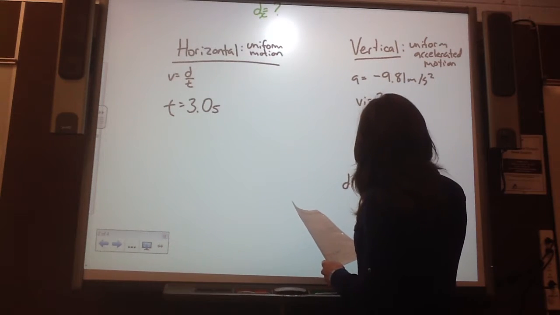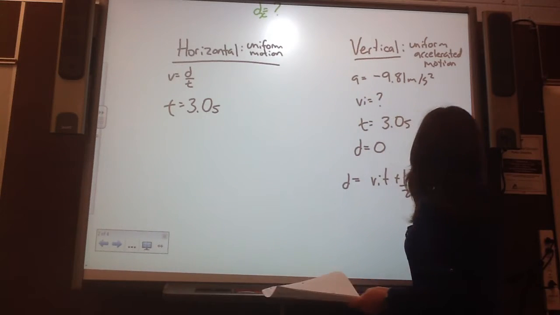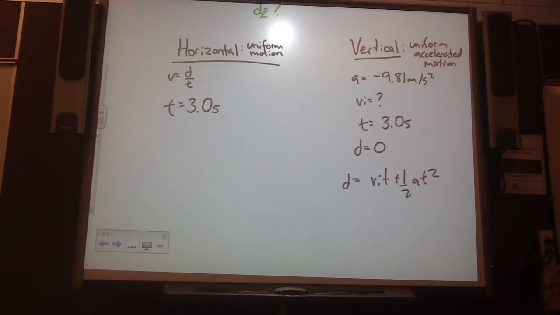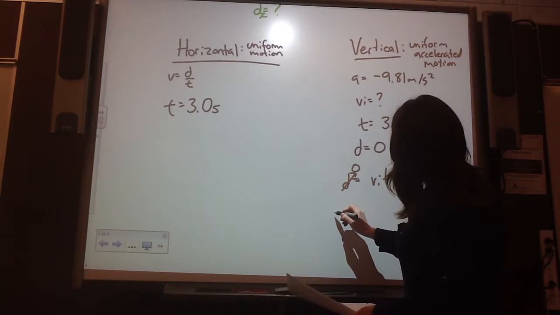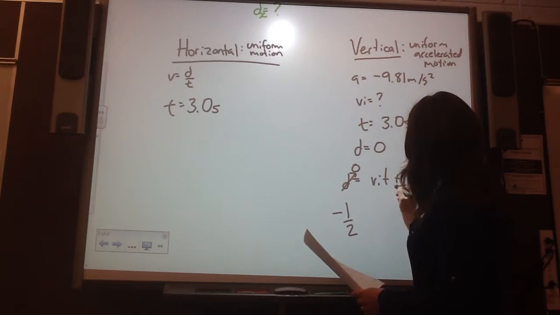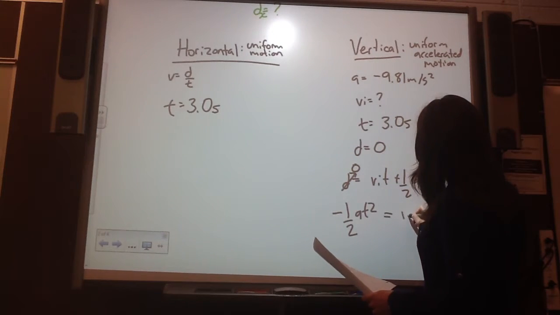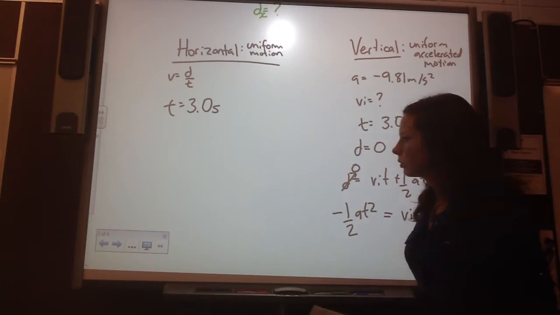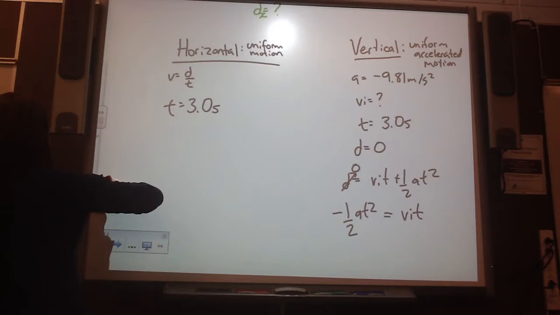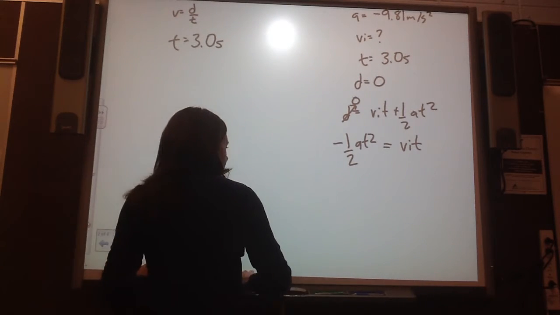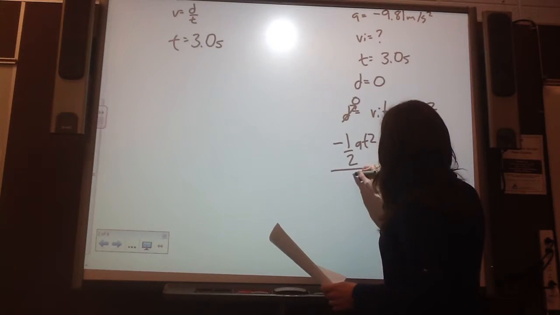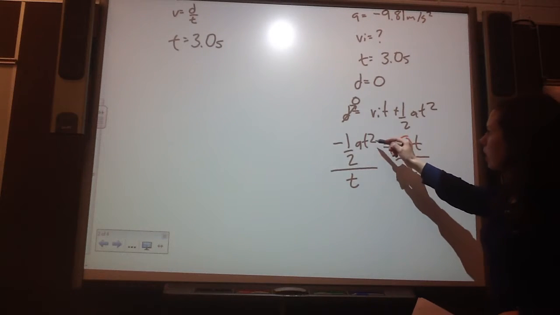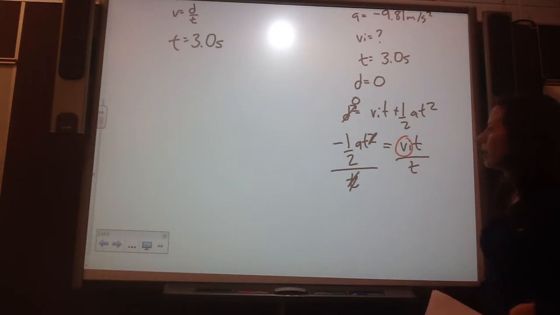So d is equal to Vi t plus half a t squared is the acceleration formula we're going to use to find our Vi. My d is set to 0, so I'm going to rearrange this. I'm going to take this to the other side: negative half a t squared is equal to Vi t. I want to get Vi all by itself, so I divide by t and divide by t. I already have a t here, so that just crosses out my t squared.